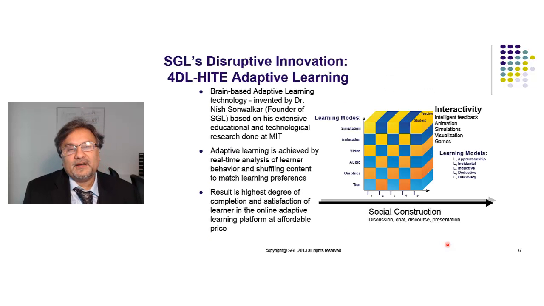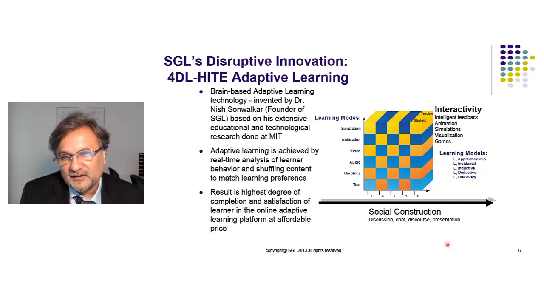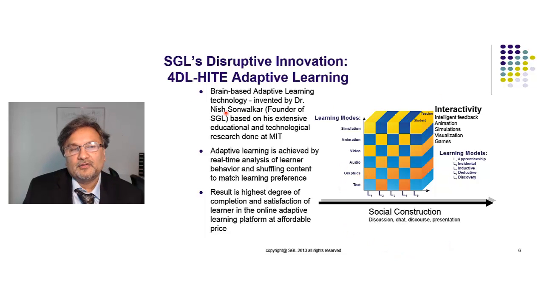So for corporations and large corporations, this kind of adaptive mobile learning is very effective, primarily because we have this learning cube network. So 4-dimensional learning, hypermedia instruction and teaching environment is what I generated as a researcher, and that framework is called the learning cube framework. So let's look at this learning cube.